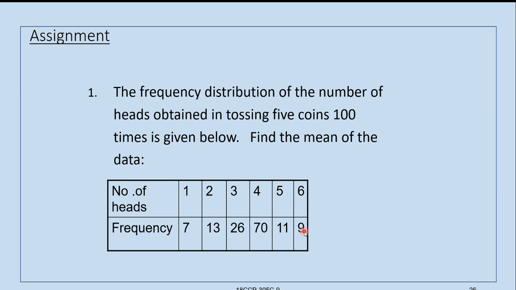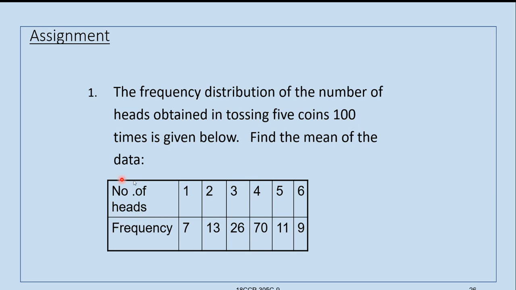All the 5 coins are tossed. When we take 100 times, all the 5 coins are tossed 100 times, the mean of the data is given here.